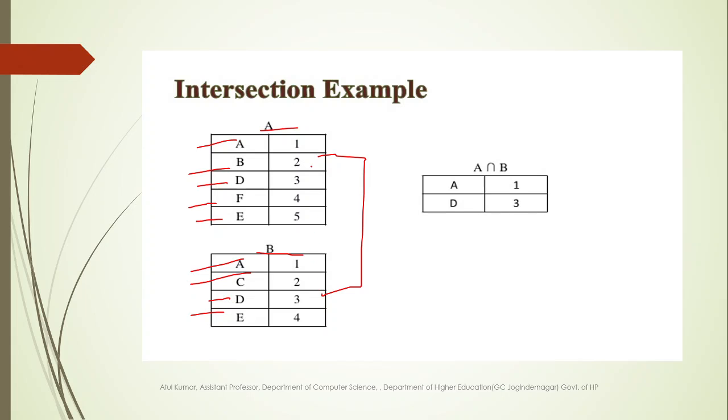When we apply the intersection operation, that is A intersection B, there are only two rows that are common, that is D,3 and also one another row that is A,1. So A1 and D3 are the resultant of the operation A intersection B.